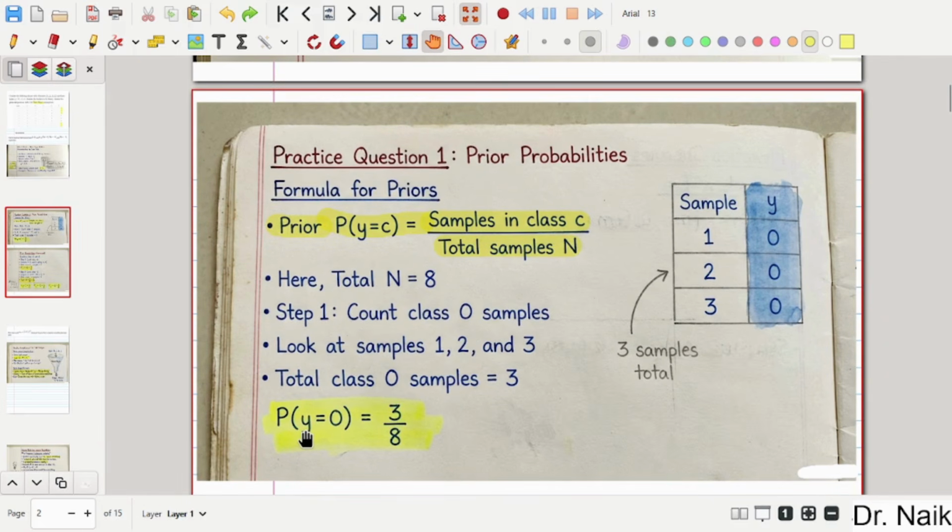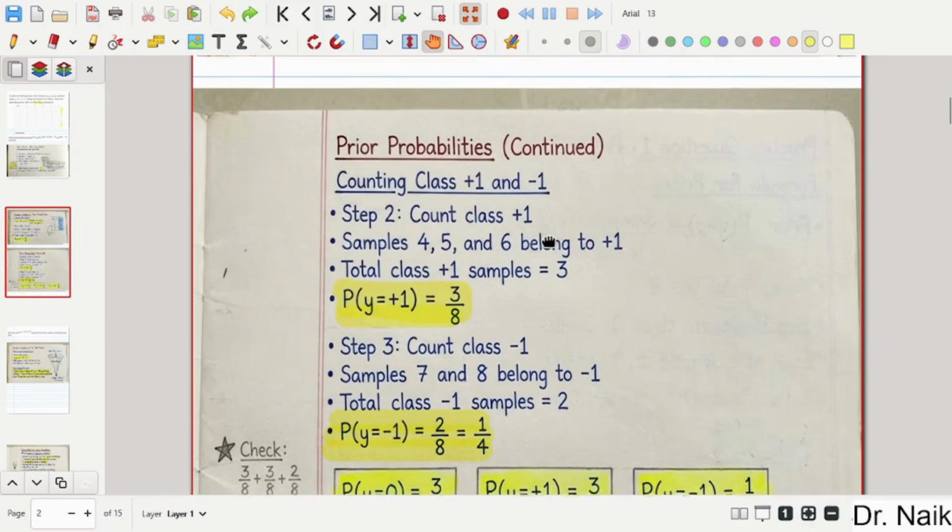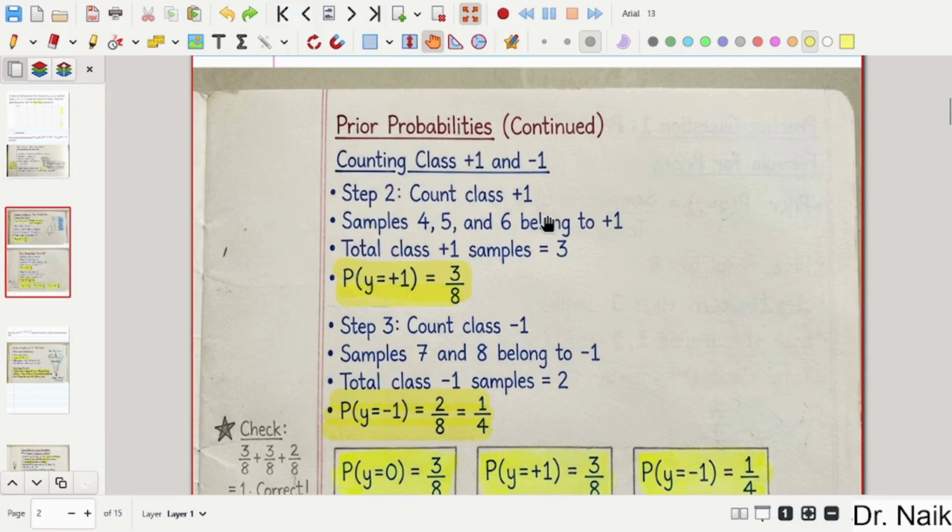So probability of y equal to 0 is 3 divided by 8. 3 because total number of samples that belong to class 0 is 3, and 8 because of the total number of samples. Similarly, calculate the prior probability for class +1 and -1.